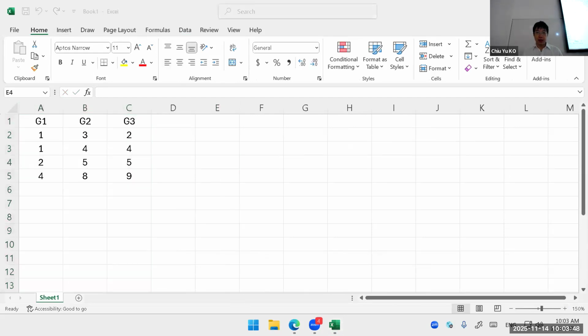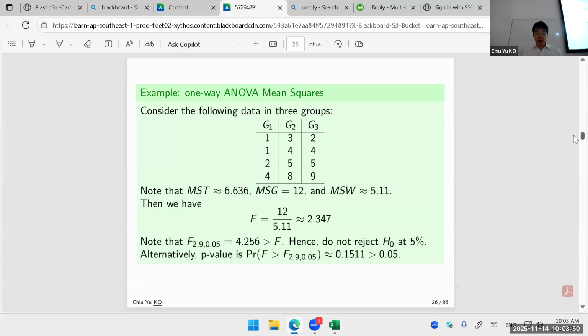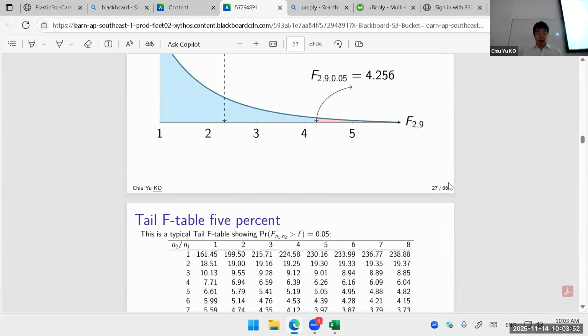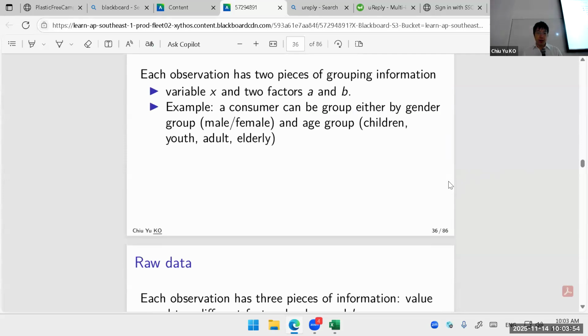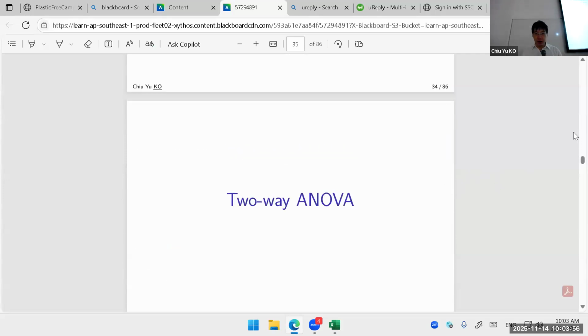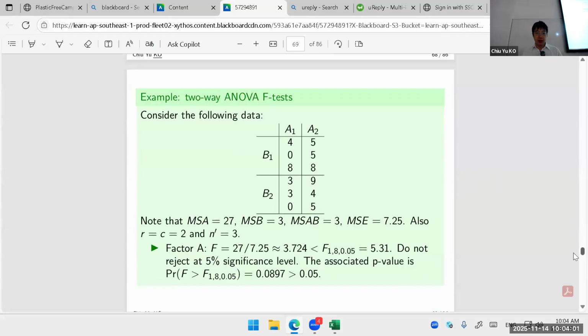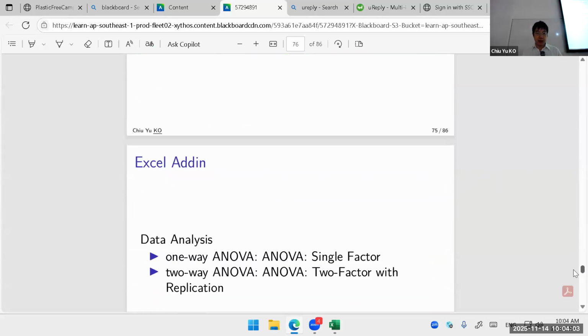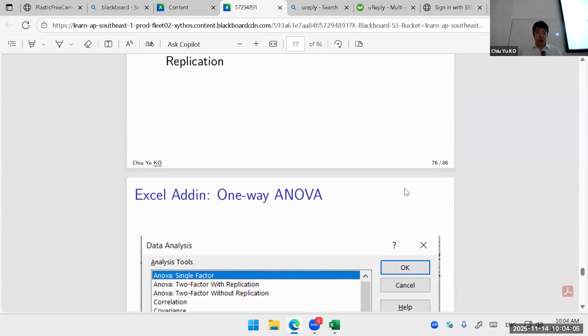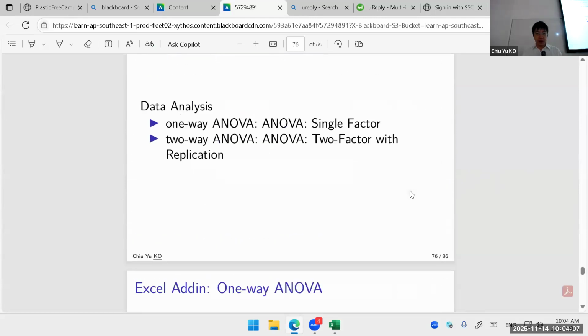So if you need guidance on the Excel, we'll skip to ANOVA, so we can go directly to the end of this set of slides. You can go to slide 77.